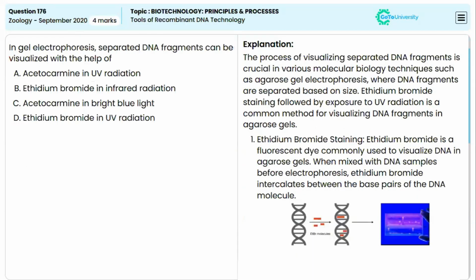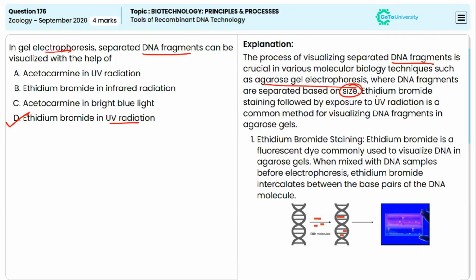Moving to the next question. In gel electrophoresis, the separated DNA fragments can be visualized with the help of what? It is by UV radiation, and we need to stain it with ethidium bromide. The process of visualizing separated DNA fragments is crucial in various molecular biology techniques such as agarose gel electrophoresis, where the DNA fragments are separated based on size.